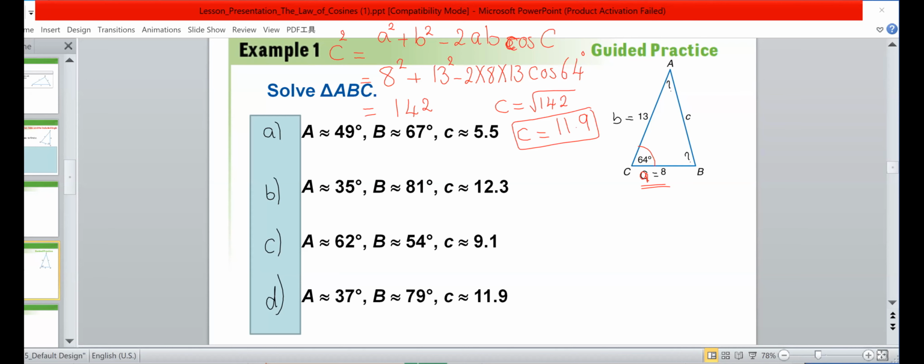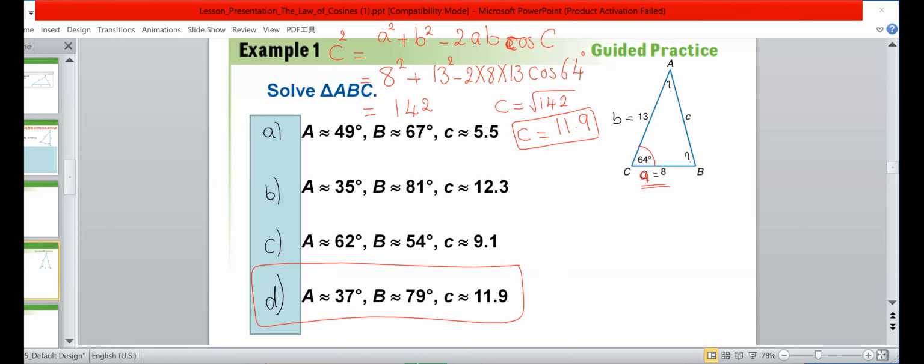Which is letter what, Abdullah? Letter D. No need to complete to find the measure of angle A and measure of angle B. Don't waste your time. Look to the answers. If you have only 11.9, as Abdullah said, this is your result directly.